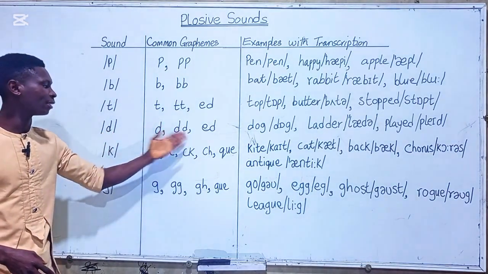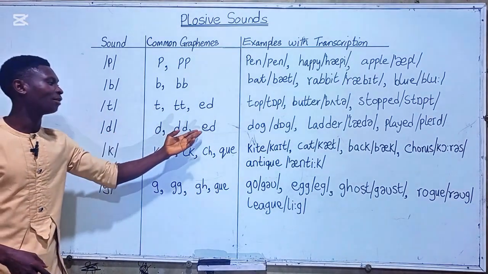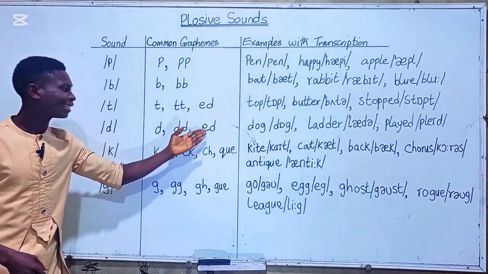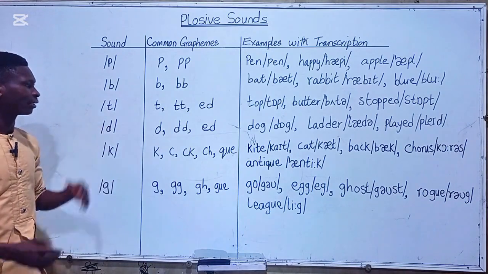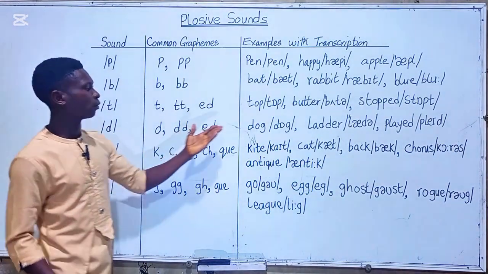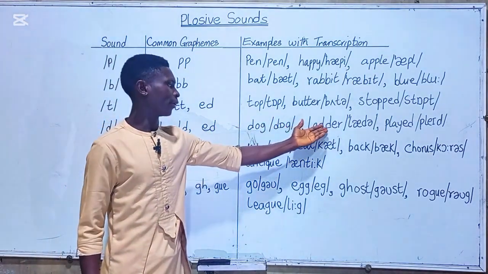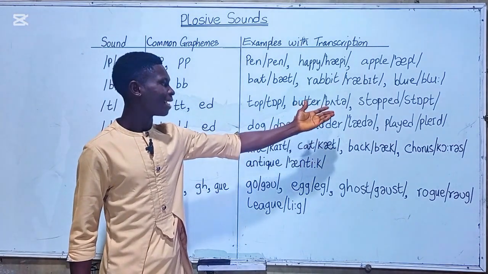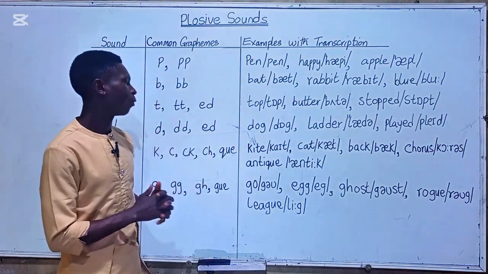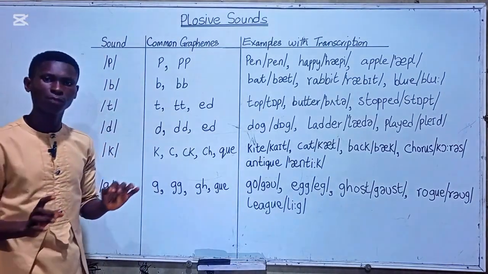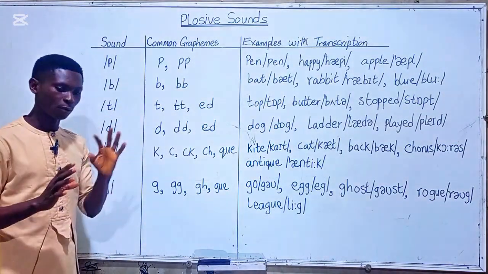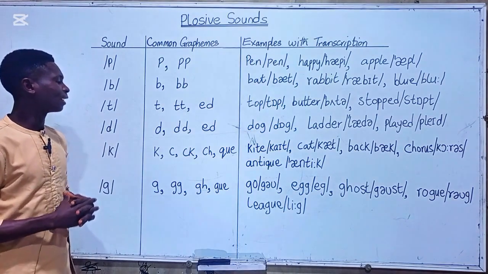In place of DD, we can have the D sound. And in place of ED, we can have the D sound. Examples are in words like dog, ladder, blade.